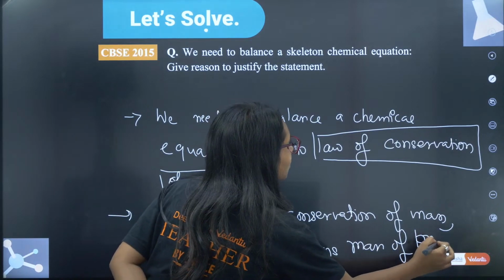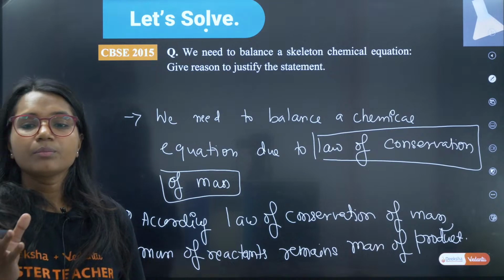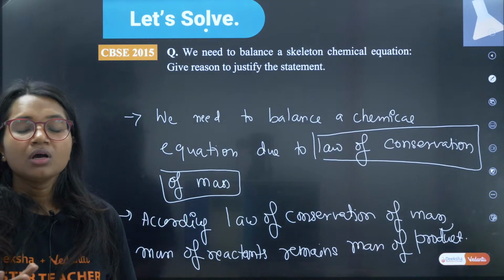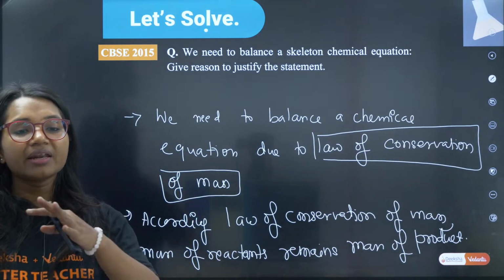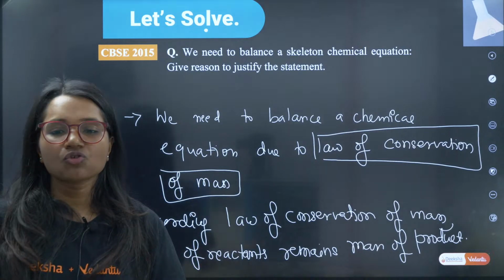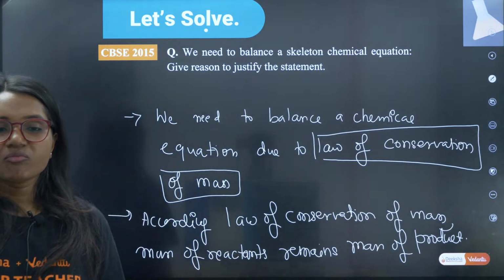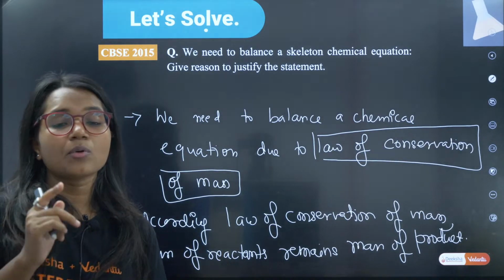It means that you cannot prepare something new. Sorry, you can definitely prepare something new, but whatever is there, it will only get exchanged. You cannot prepare something extra. According to conservation of mass, atoms should be equal in both reactant and product.